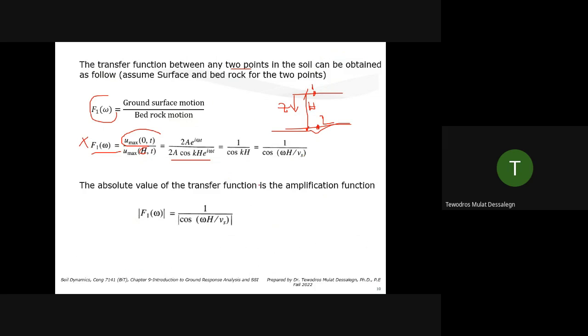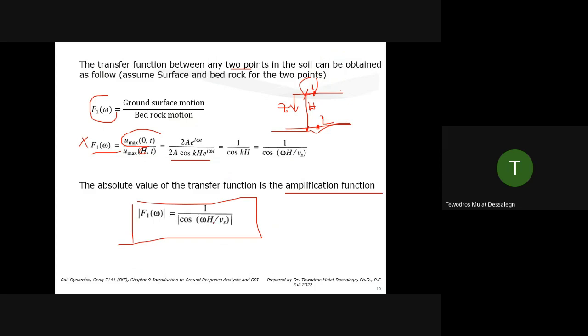The absolute value of the transfer function is the amplification function. So all you need is to get how much it's amplified, usually from the bedrock to the surface, or if you have it here, then getting the bedrock. So this is our transfer function for the simplest case, no damping and rigid bedrock.